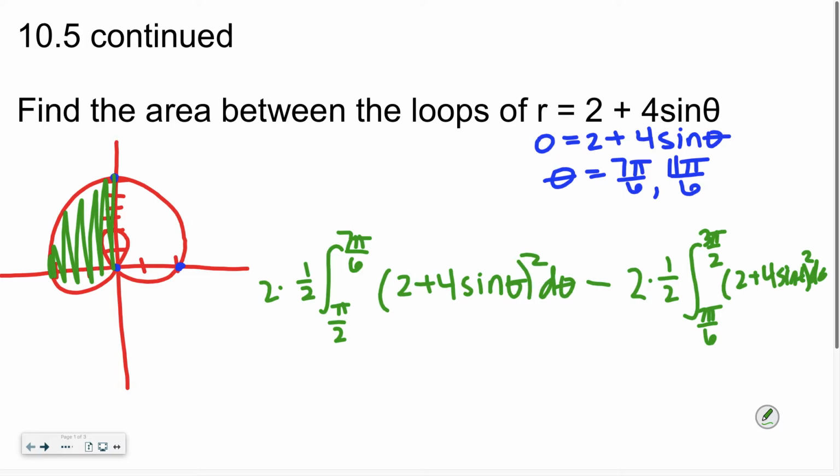What happened if you went from 0 to 2 pi? Then you would have done the loop twice. Well, what if you went from 0 to pi?